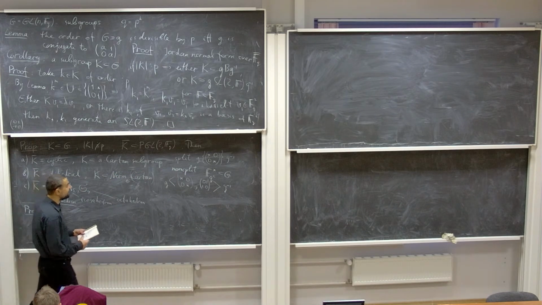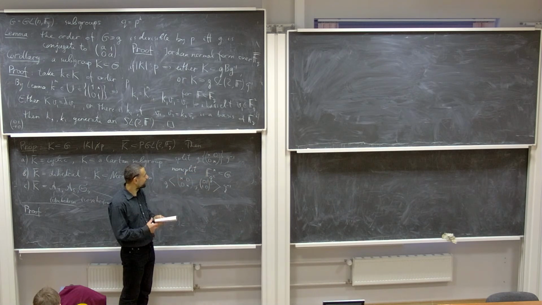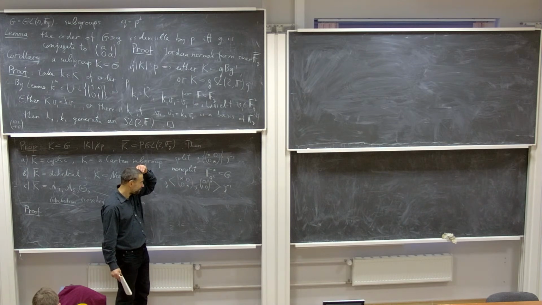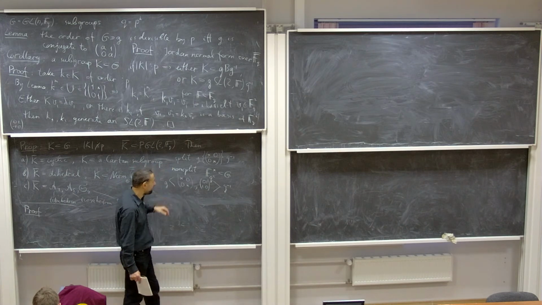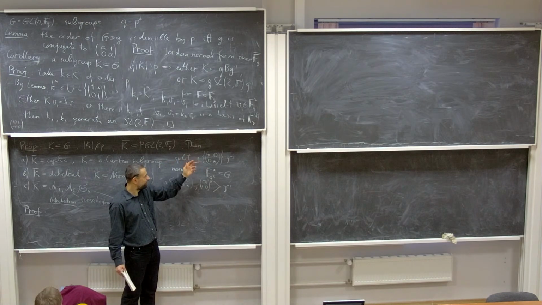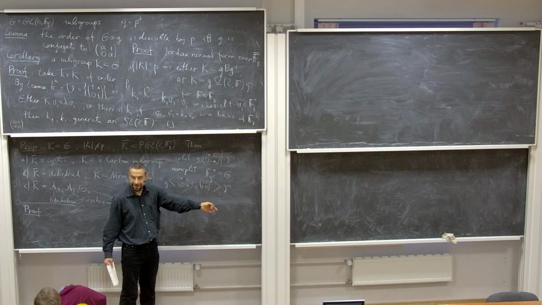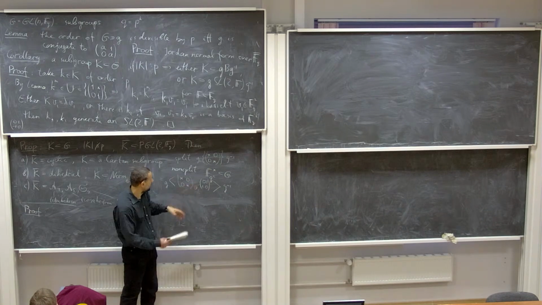A Cartan subgroup is by definition what? Maybe I shouldn't go to the abstract general definition, but just say that there are two types of Cartan subgroups. The first type are conjugate to diagonal matrices. The second type are conjugate to this.